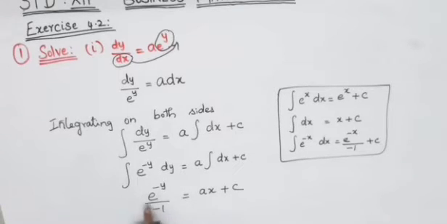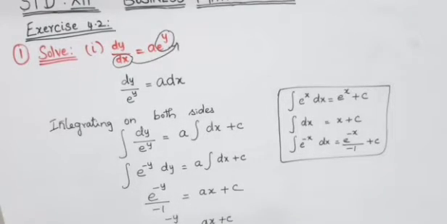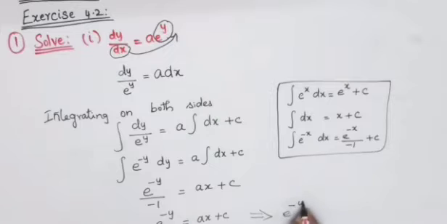Now take this minus 1 to the numerator, so minus e power minus y is equal to ax plus c. So e power minus y plus ax plus c is equal to 0. This is the answer for your first subdivision.